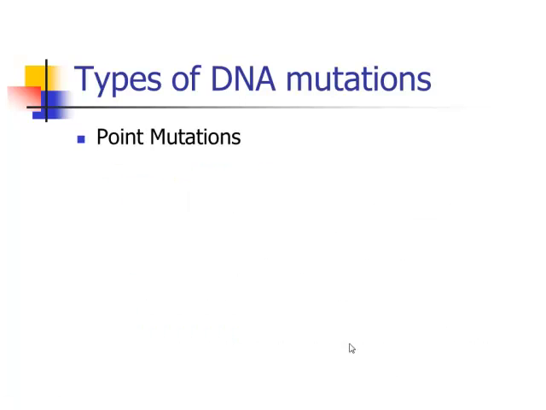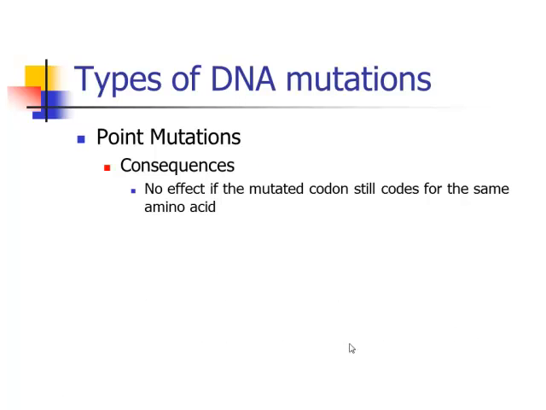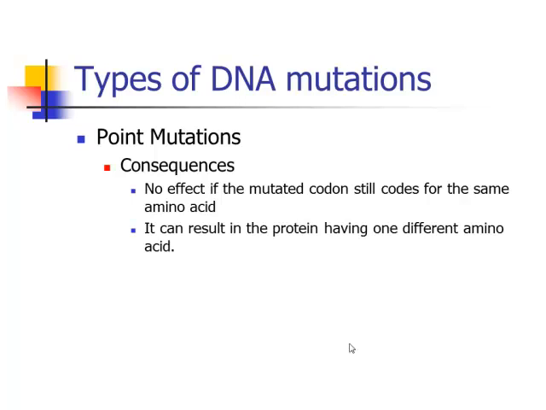The consequence of that is that the codon changes, which could change the amino acid. Depending on the amino acid, if it's one of those amino acids that has multiple codons, then we will never see an effect of that.